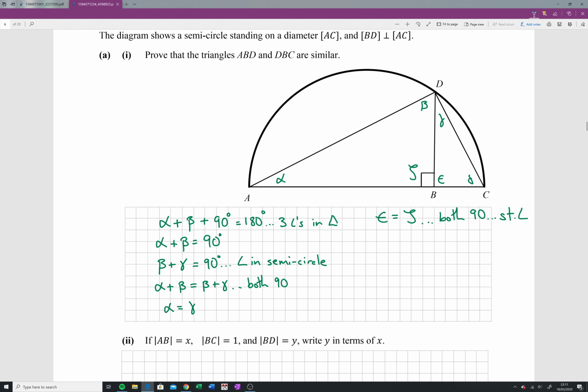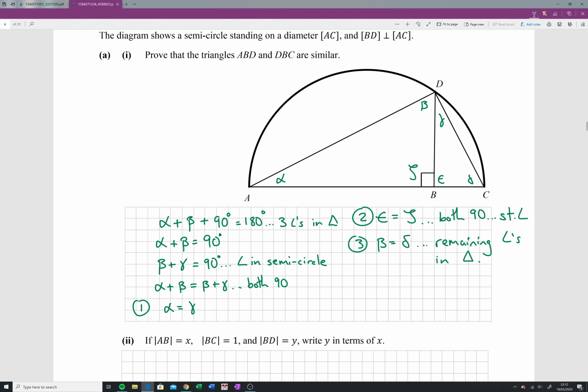Okay, so what do we have now? We have one set of reasons here, for the reasons above. You've got a second statement here and a reason given, and of course what we said yesterday was the third thing that we can say is that beta is equal to delta, and the reason is that they are the remaining angles in a triangle where the other two angles are the same.